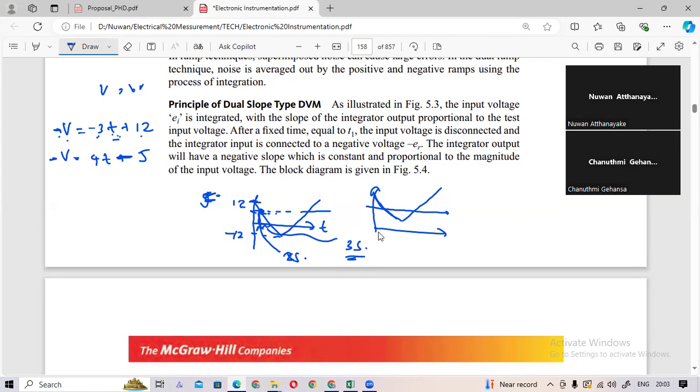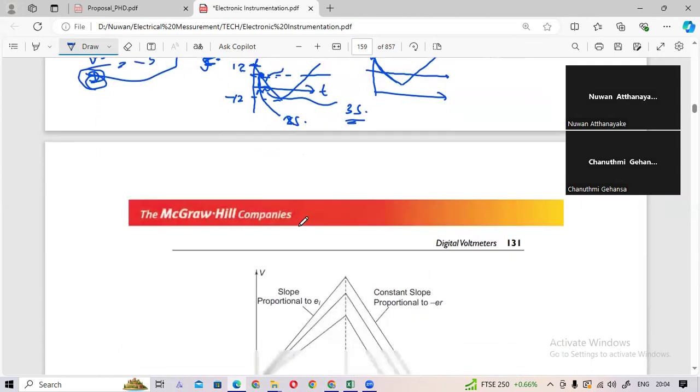This is the duration, this is the volt. Volt divided by duration is the gradient, this one, minus 3. So using this equation, you can calculate the volt if we give you the duration. So there are simple ways, and that kind of question may come.